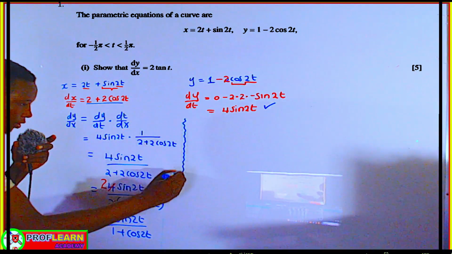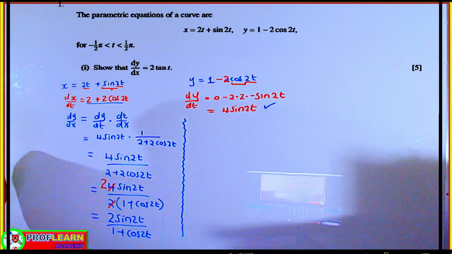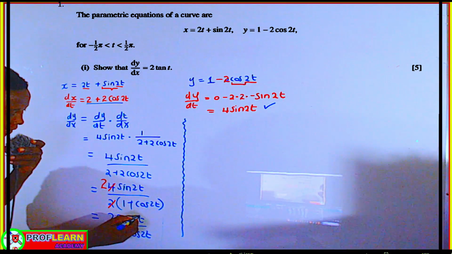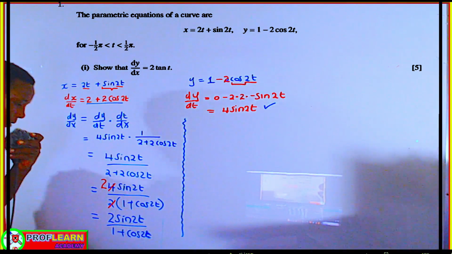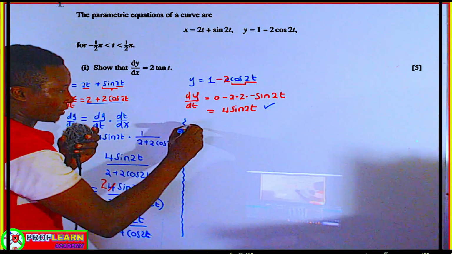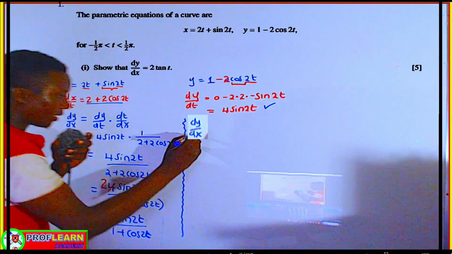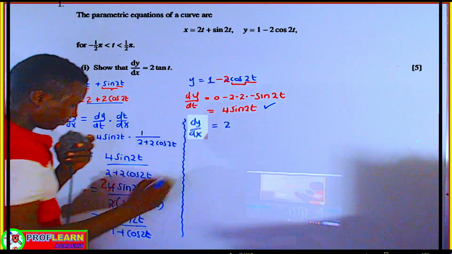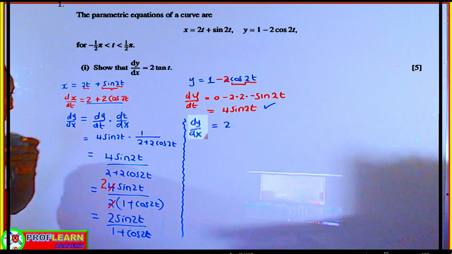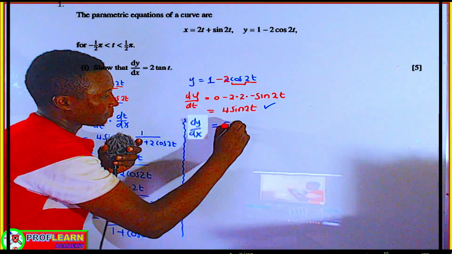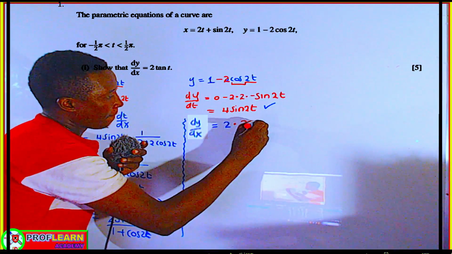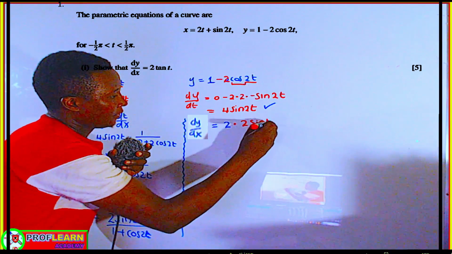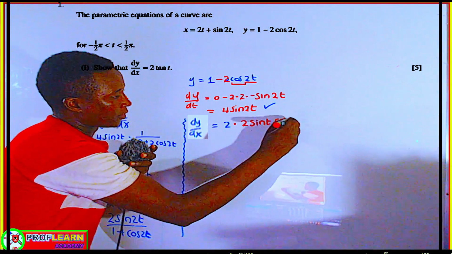Since the question expects us to find the final answer as tan t, we are going to deal with these double angles that we have at this given point. We can write dy/dx as 2 sine 2t, which is the same as 2 sine t cos t.